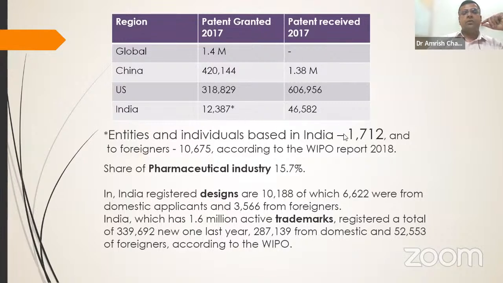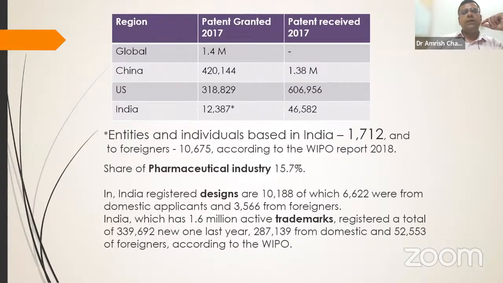Out of this, 7,112 patents were filed by people like you and me, or companies which exist in India, and 10,000 above patents were filed by foreign applicants. Like there's an inventor in the US or Europe. He made his invention, he patented it in the US, and then he also wants to patent it in India.